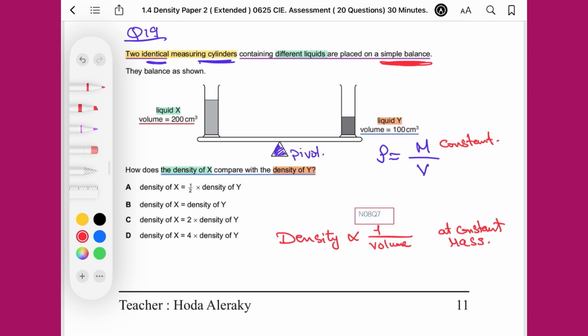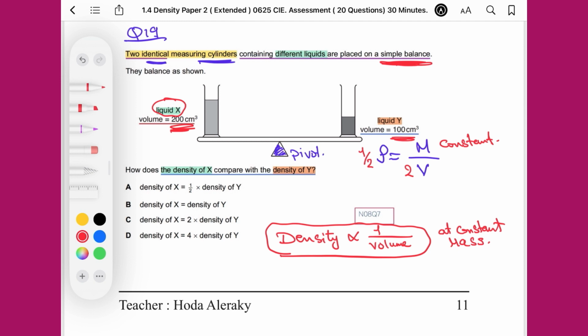Using the diagram and measuring cylinders, which one has greater volume? As shown, liquid X 200 cubic centimeter and liquid Y 100 cubic centimeter. So according to this relation, the density of X will be half the density of Y. Here volume is doubled, so density will be halved to keep the mass constant.